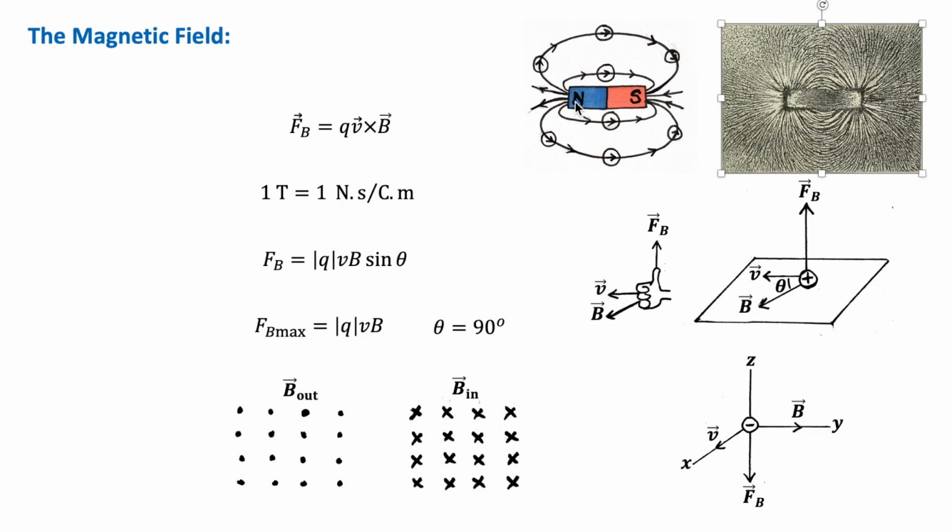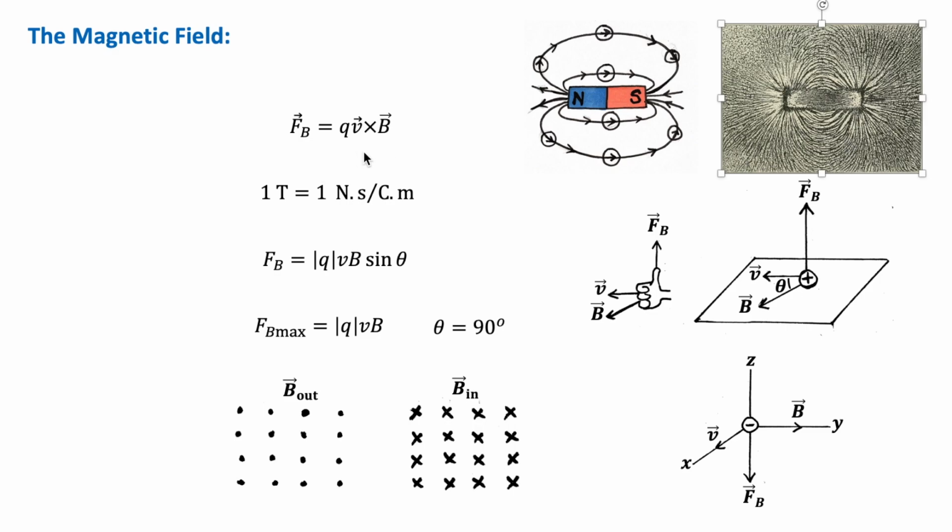One way you can reveal the magnetic field is to place small iron filings in the vicinity of the bar magnet, like in this picture here, and the iron filings will form patterns that will reveal the magnetic field.